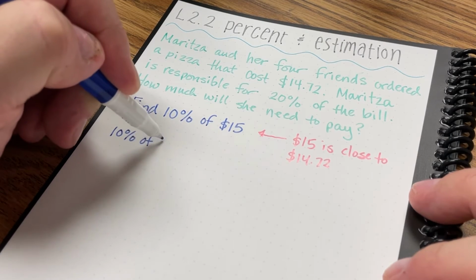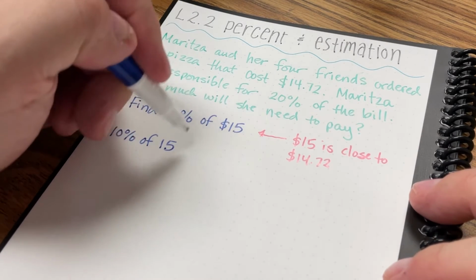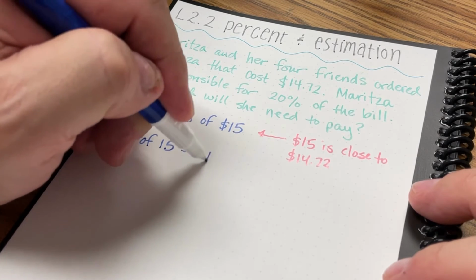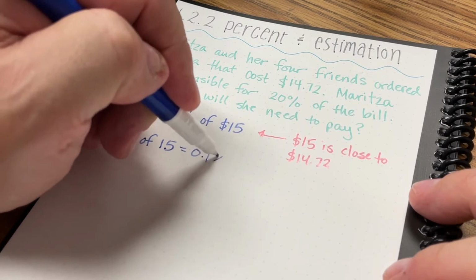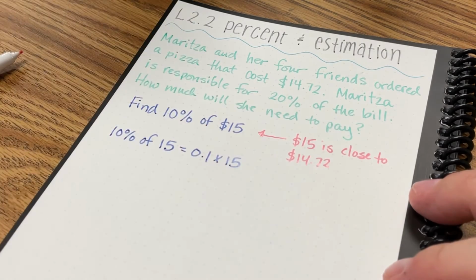So 10% of 15, I'm going to write 10% as the decimal 0.1. I'm going to multiply that by 15.